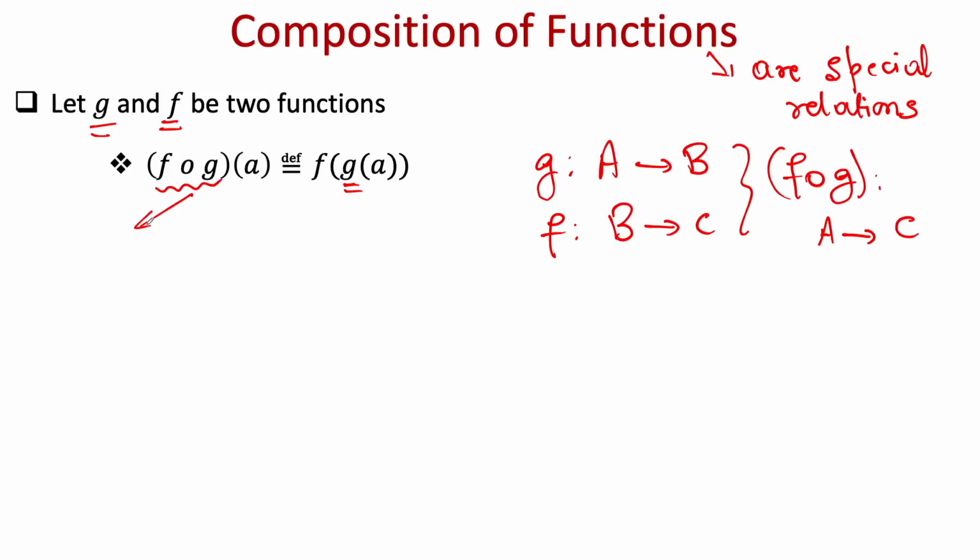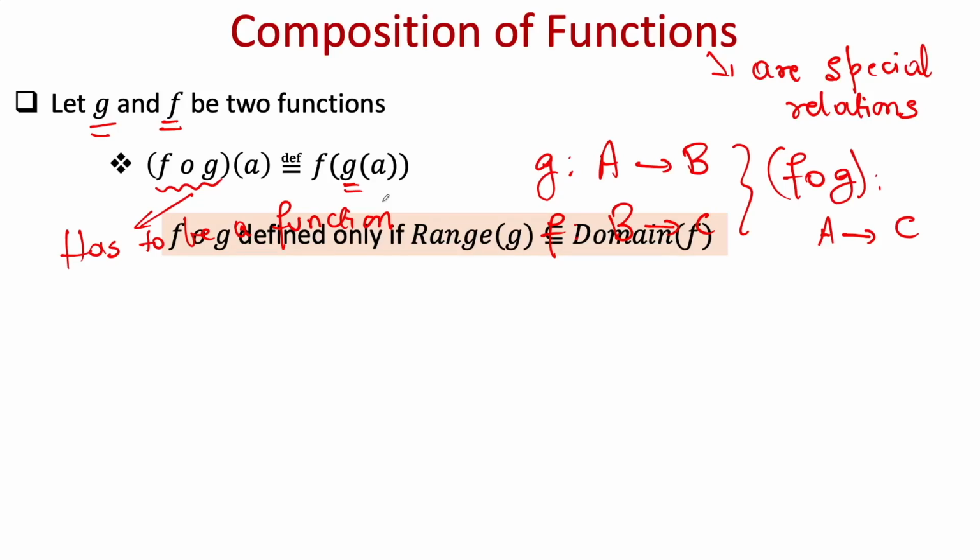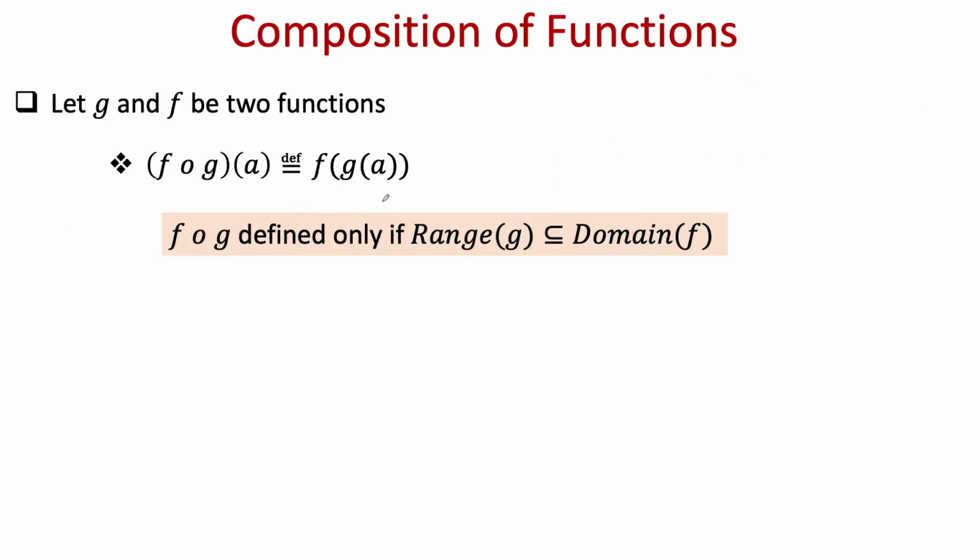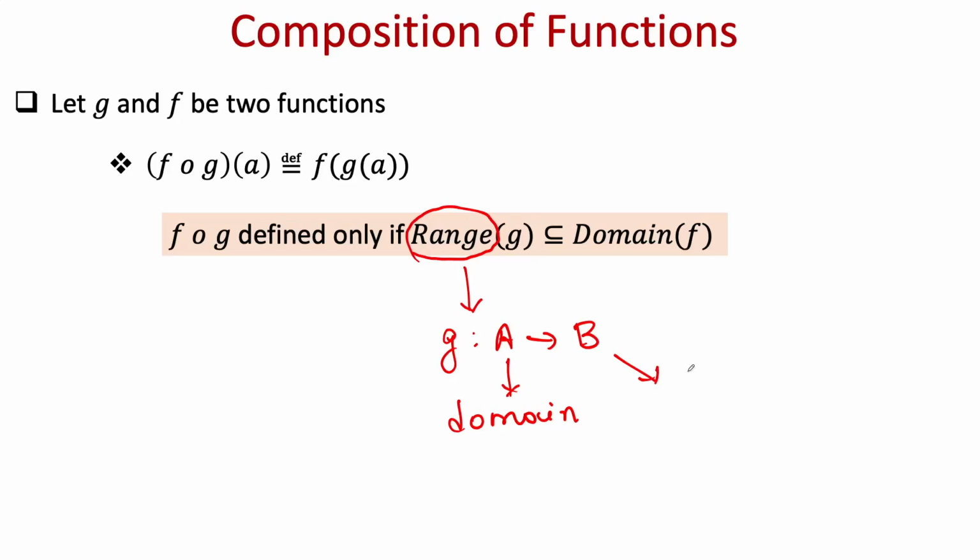So this composition has to be a function, and it is easy to see that the composition of f and g is defined only if the range set of g is a subset of the domain set of f. What exactly does the range of g mean? Since g is a mapping from A to B, A is called the domain and B is called the codomain.